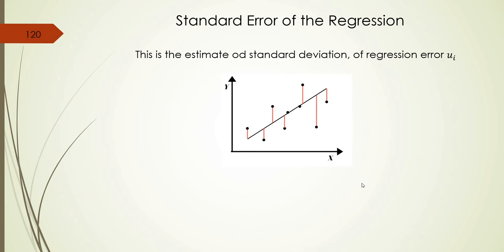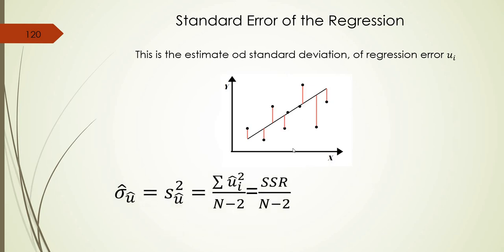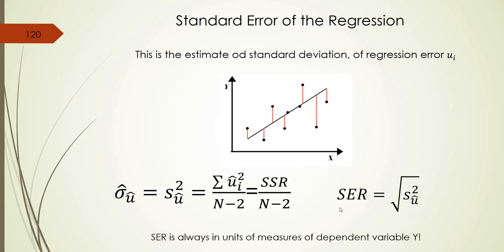This is how we calculate it: the sum of squares of our residuals divided by the number of units minus 2. Why 2? Because we have two coefficients, beta 0 and beta 1. This is our number of degrees of freedom, and this is how we get our variance. The standard error of regression is the square root of the variance.